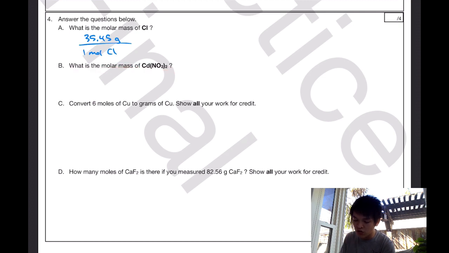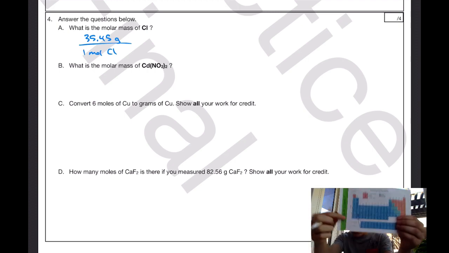Notice that there is 1 cadmium, 2 nitrogens, 4 oxygens. So you have to add them all up. Look up the molar mass of cadmium, nitrogen, and oxygen. For this one, I'm going to zoom in and show you how I type it in a calculator. But just know that you will not have to show your work for the molar masses here.